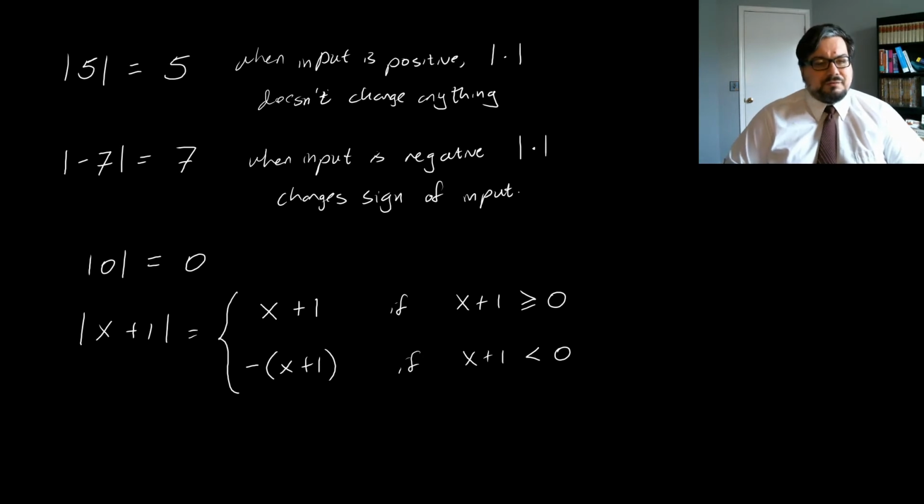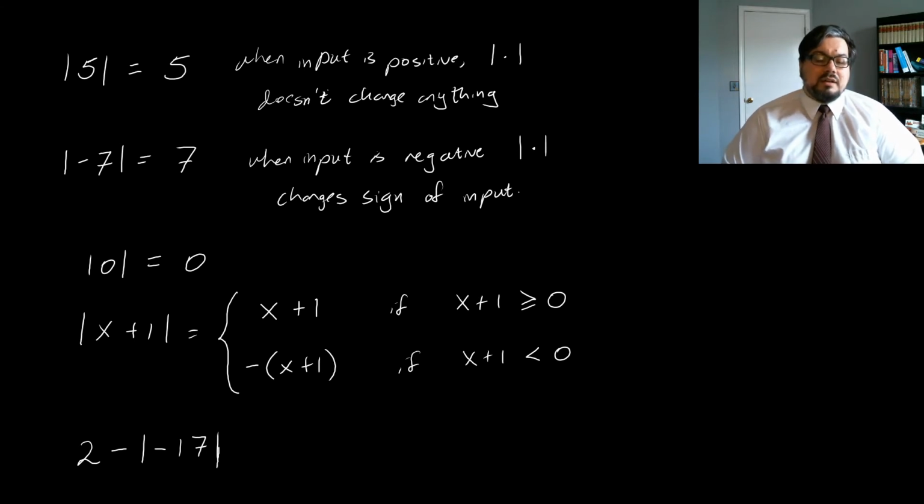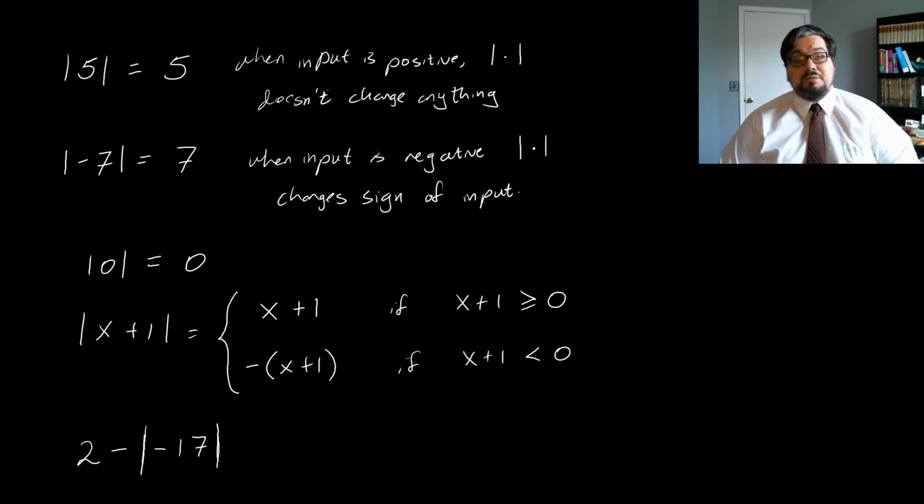All right, and for the last example, let's look at an expression like 2 minus the absolute value of -17. When working on expressions like this that have to be simplified, we need to go through order of operations.